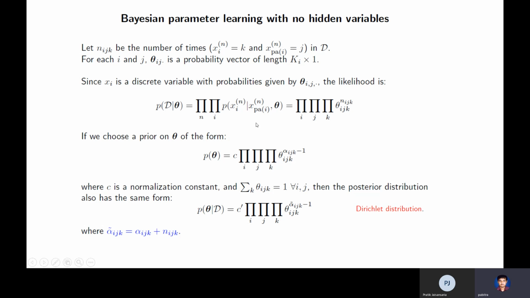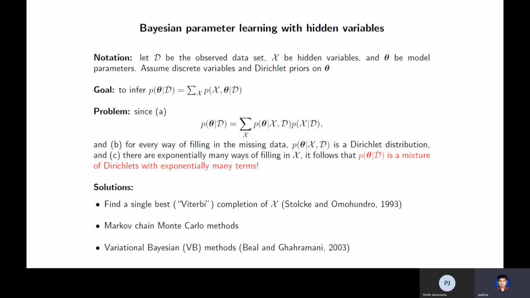The only thing is that the model is now defined by the factorization of the graphical model, x given parents. And if there is a hidden variable and also the variables are continuous, let's say Dirichlet or something, then you can still do it.